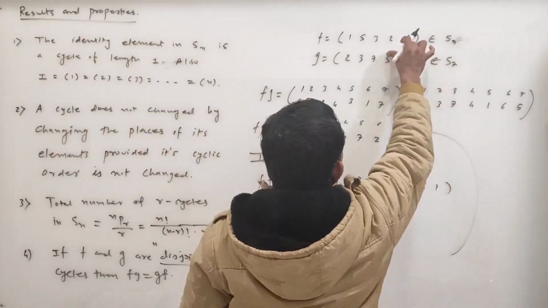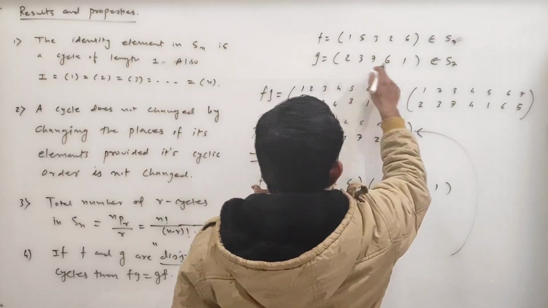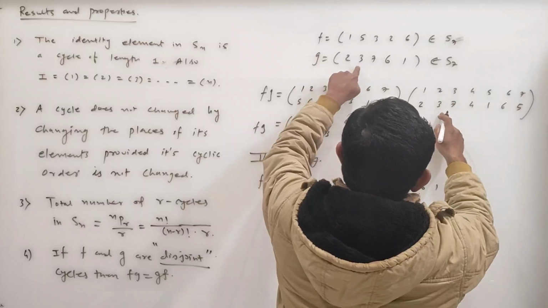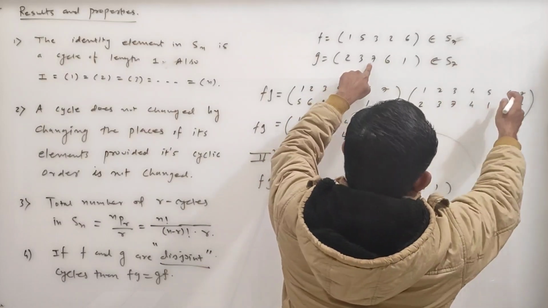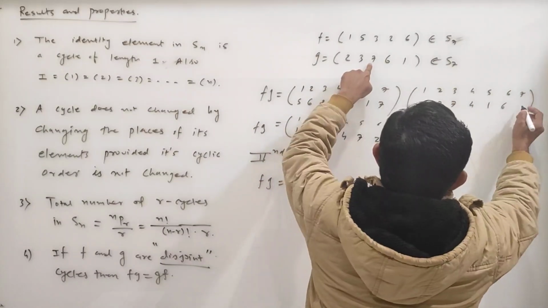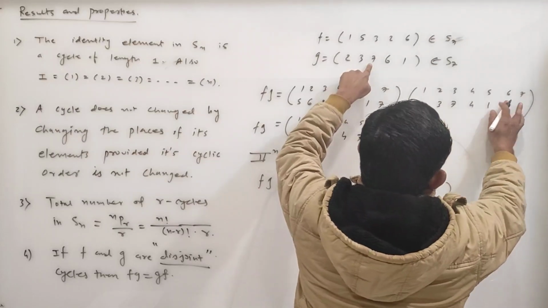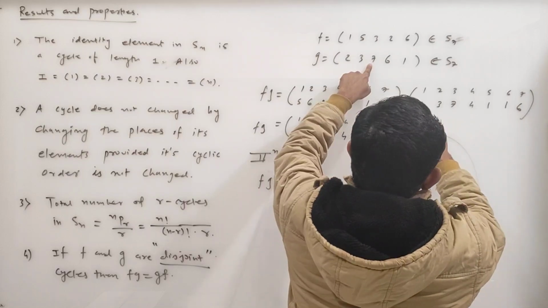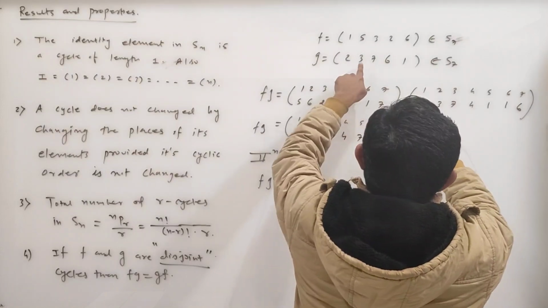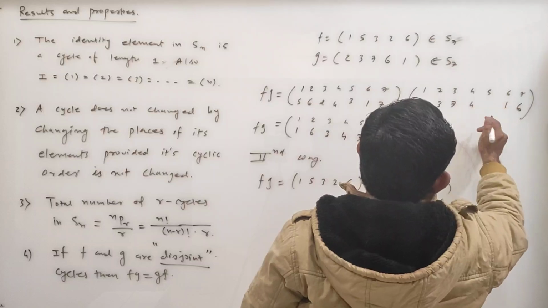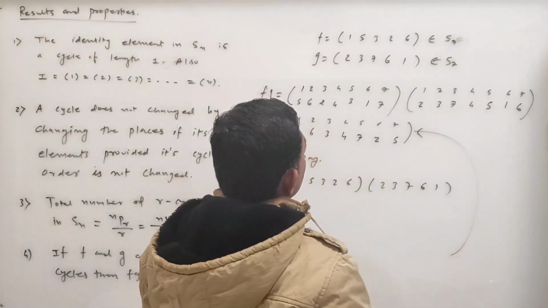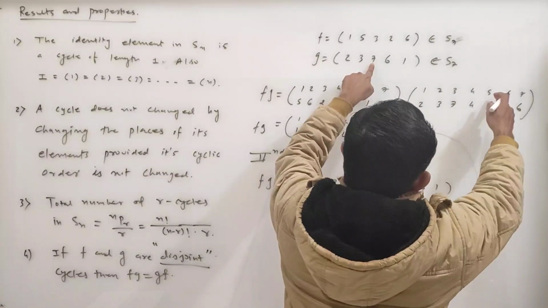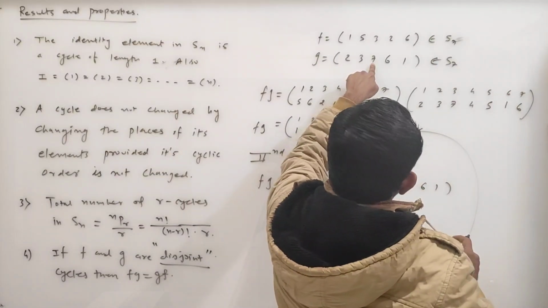This is 6, and G is what? 6 goes to 2, 2 goes to 3, 3 goes to 7, 7 goes to 6, and 6 goes to 1 and 1 goes to 2. That is fine. So this 5 is missing, right? So 5 as it is. 1, 2, 3, 4 goes to 4, 5 goes to 5. Okay.